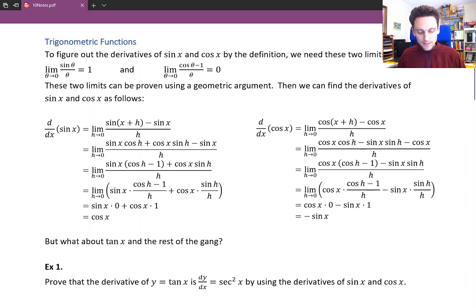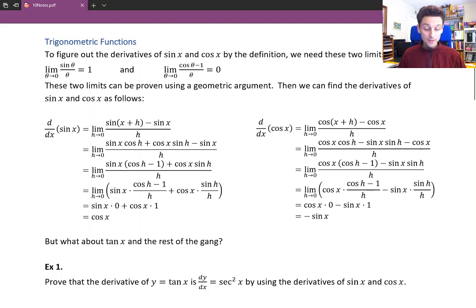Now sine of x plus h, really the only step you can take at that point is to expand out the sine using the addition identity for sine, which says that this expands to sine of x times cosine of h plus cosine of x times sine of h, and then you have the minus sine x that you can copy down. And then the next step we could take is factor out a sine x from the first term and the last term, and you'll be left with cosine h minus 1 from those two terms.